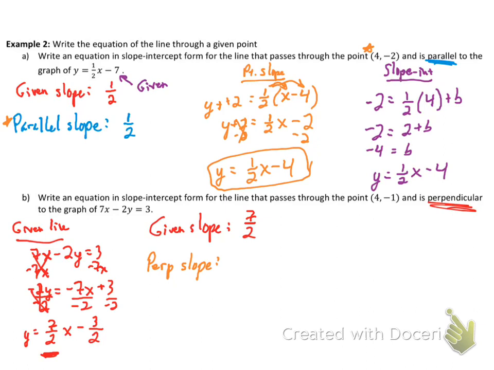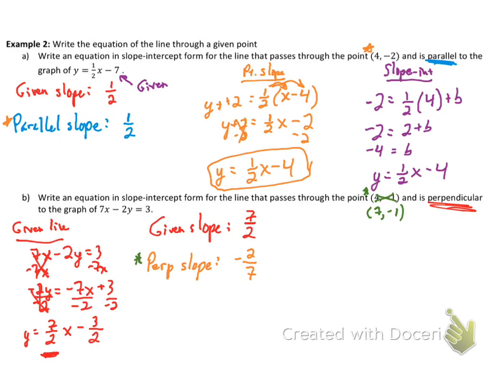So the opposite reciprocal is going to be -2/7. Now I'm going to take my slope and my given point, and to make our lives a little bit easier, I'm going to change our given point to (7, -1).